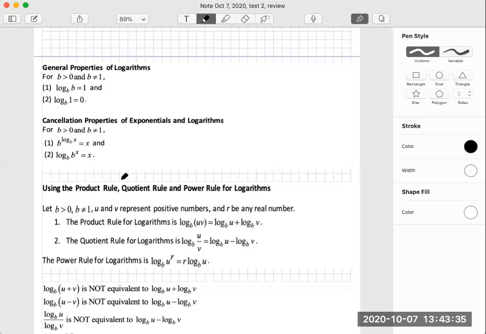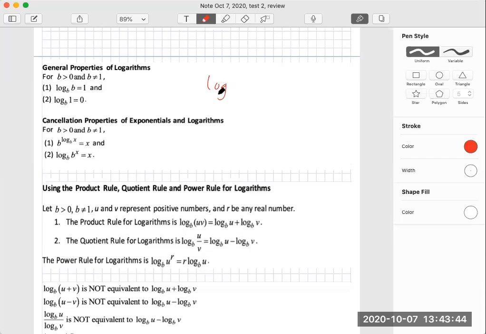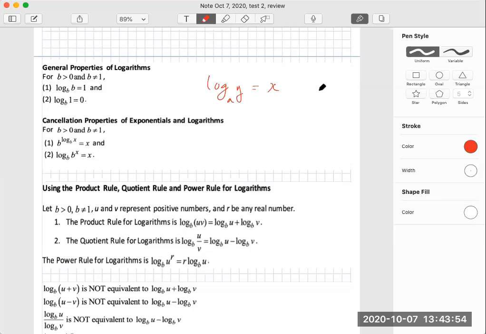Then log base b of b will be 1, right? Because of the definition of the log function, this implies y is a to the x.